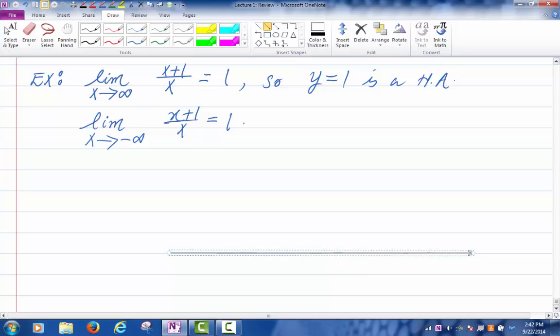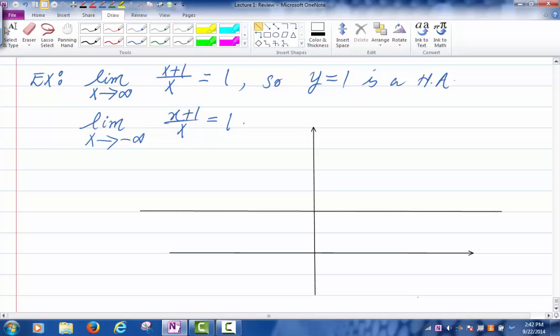You just have to look at the limits and determine what the horizontal asymptotes are. But I'm going to show you the graph just to show you what's going on graphically. Let's say this height here is the height 1. So this is the horizontal asymptote y equals 1. What's going on with the graph?